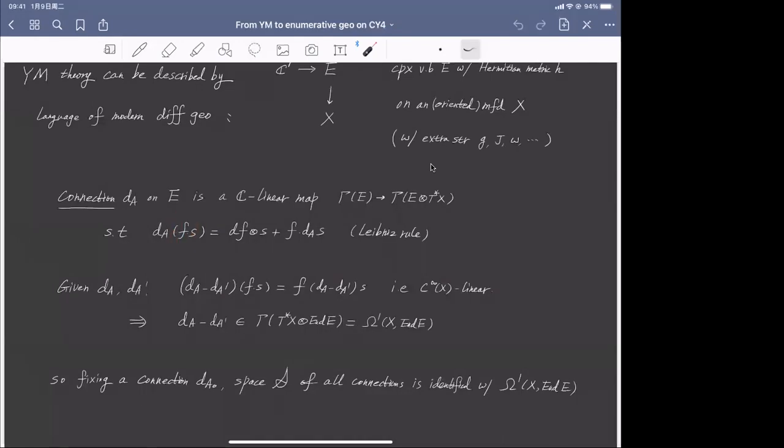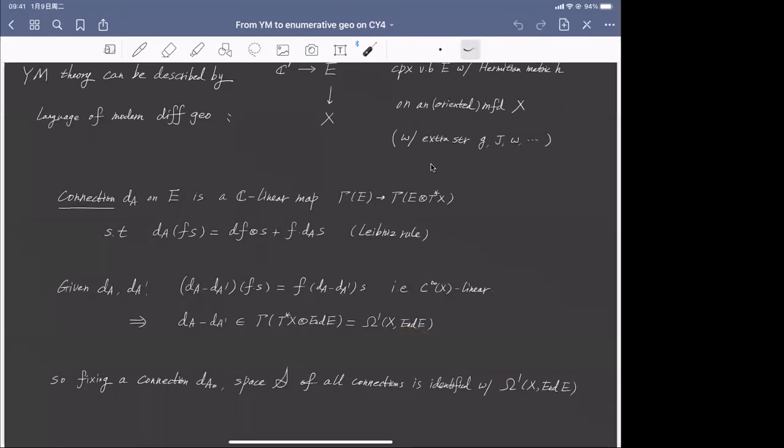However, if we choose two connections and consider their difference, then its action on f times s behaves like C-infinity(X)-linear, where C-infinity(X) denotes the set of all smooth functions on X. Literally, this means that we can take the f out in front of the operator. So the difference of any two connections on this bundle becomes a tensor, a section of this bundle, which we also write as Omega 1(X) tensor Endomorphism(E). Omega 1 is just the space of degree 1 differential forms.